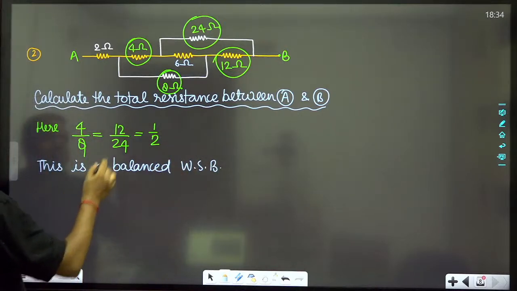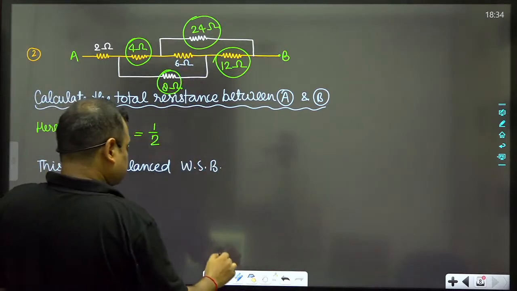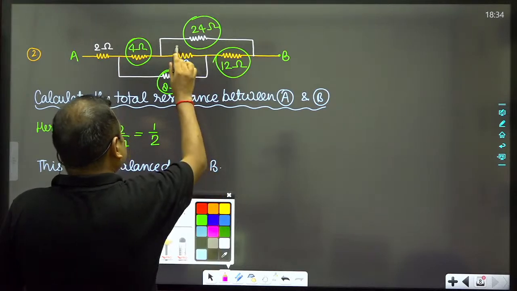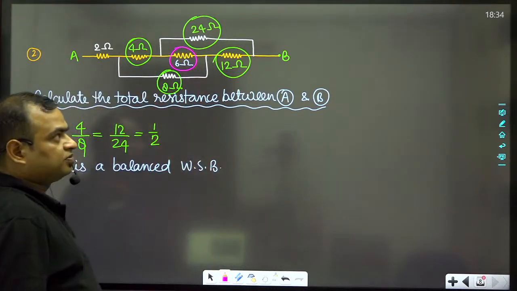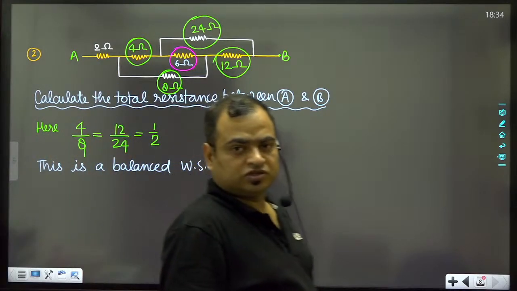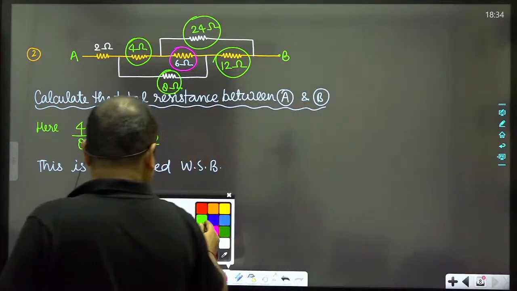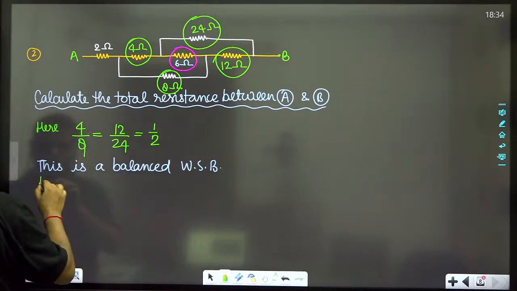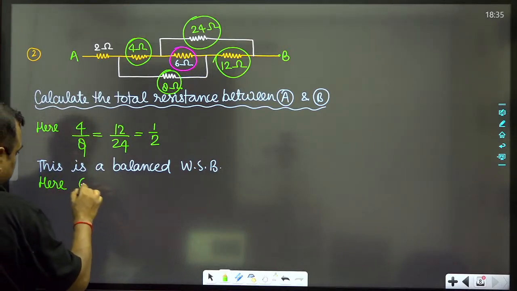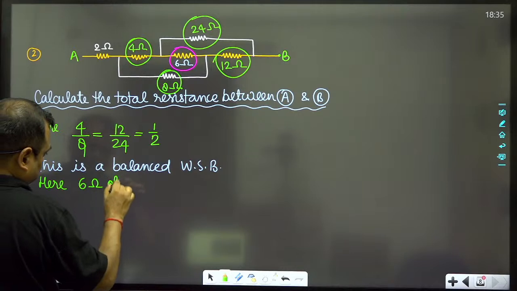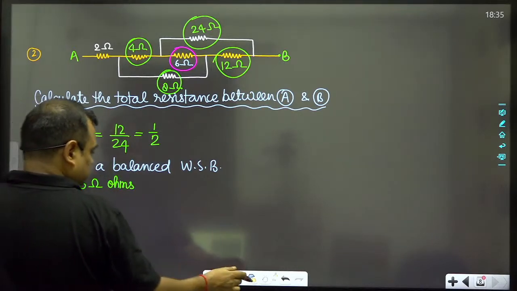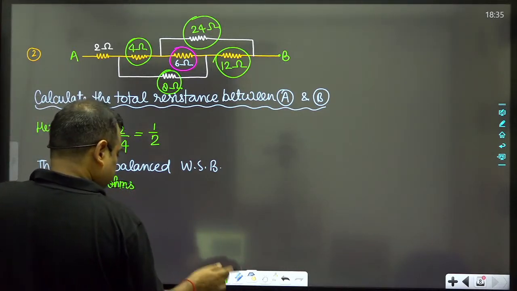So it means this 6 ohm resistance can be removed very easily.